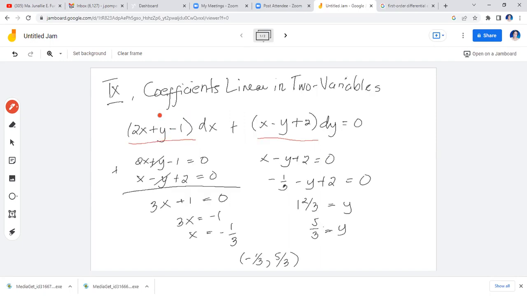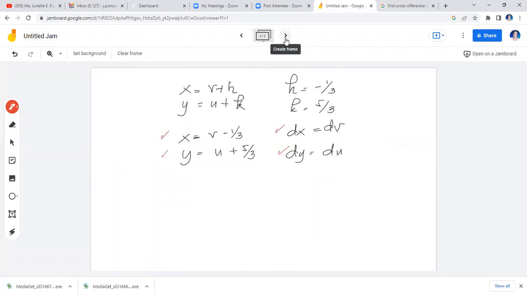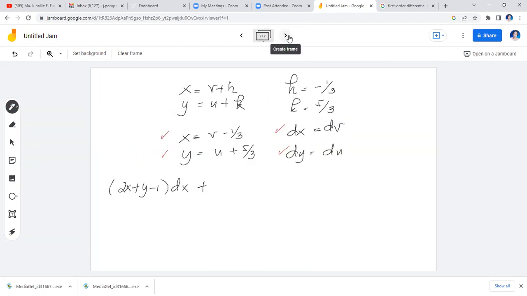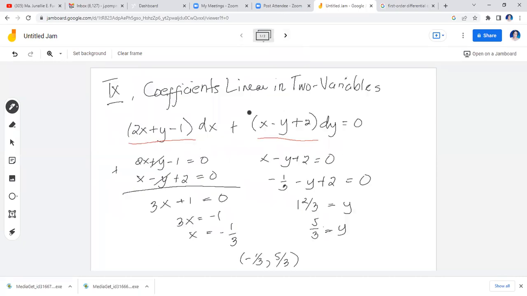So now we go back to our DE. We have (2x plus y minus 1) dx plus (x minus y plus 2) dy. I'll just copy it so you will see the substitution.